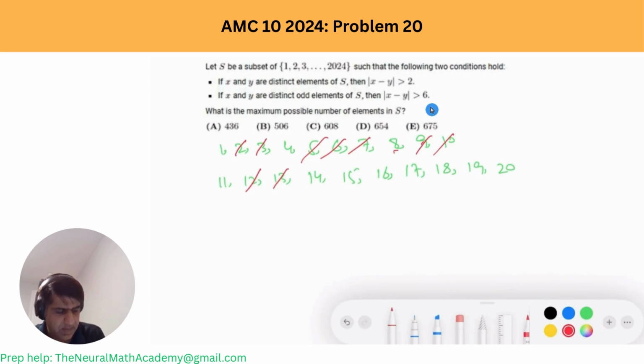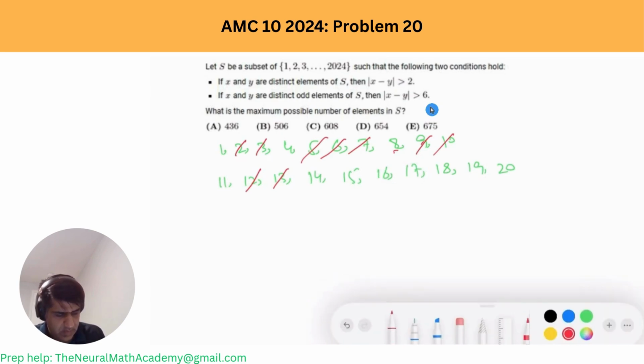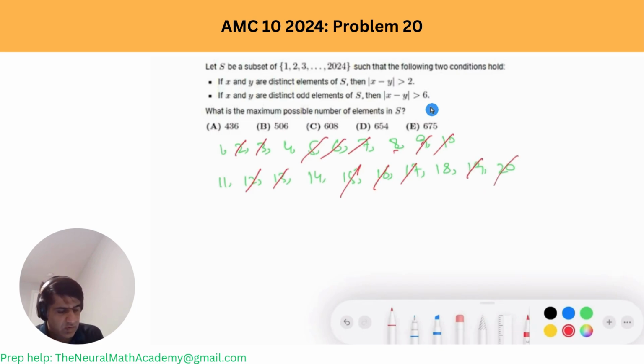Similarly, if I check the next numbers based on the conditions, 18 minus 14 I would get 4. And if I have 17, that would not work. So I would then get 18 as the next number, and 19 and 20 will not be possible. Now if I see, from the first 10 numbers, there are 3 numbers which satisfy these two conditions, right?